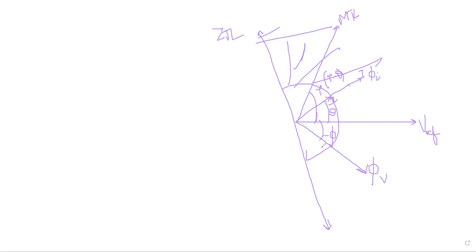This is the relay operating zone, and this is the non-operating zone. Suppose this vector, this I, is falling here, the relay will not operate. If this vector is moving from the zero torque line towards the torque line in this direction, the relay will operate, again subject to the minimum threshold value, like the pickup current. So this is the pickup current, and with respect to the relay characteristic angle, we developed the zone of protection. This is the non-operating zone, and this would be the operating zone.